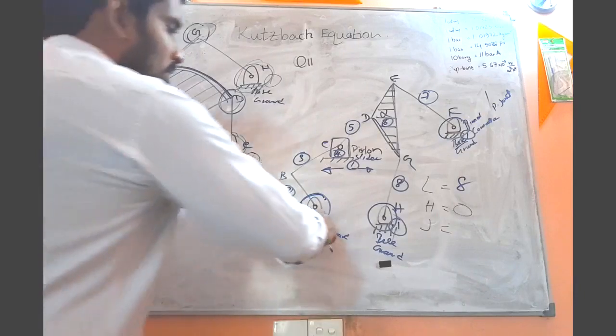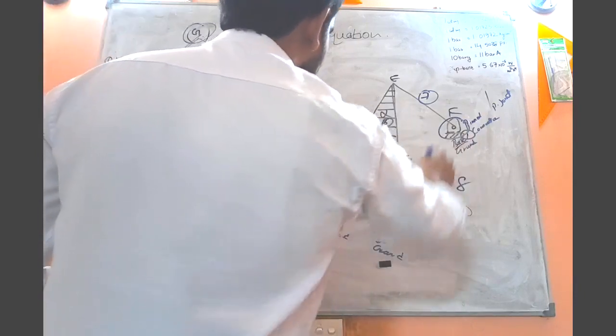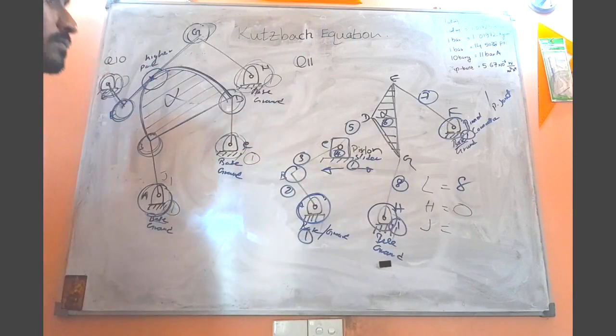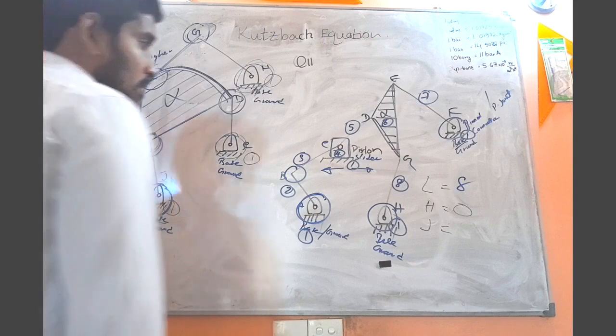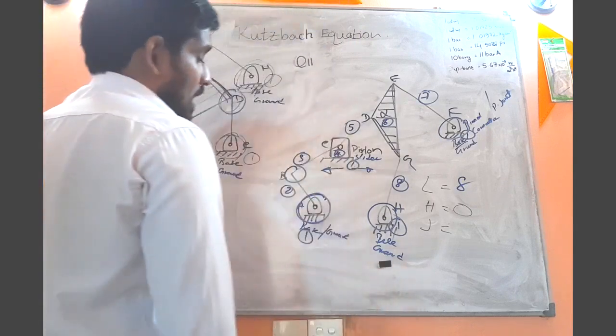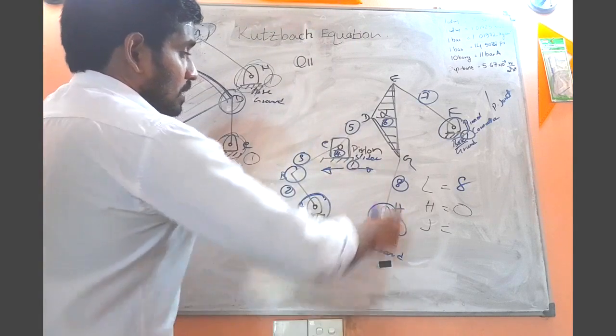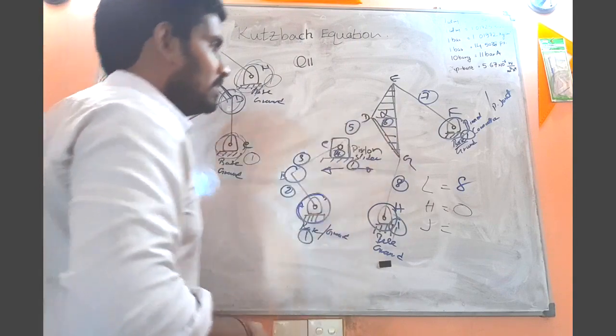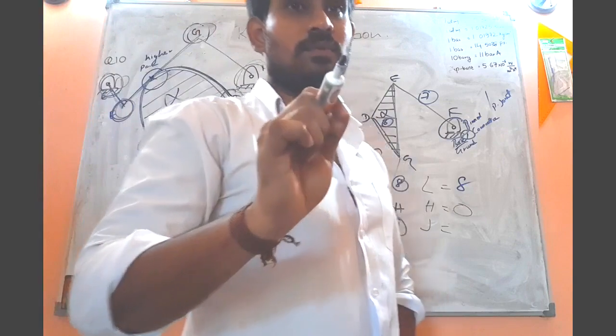So joint number 1, 2, 3. Joint 4, and here we have a very special case that we have to analyze very carefully.